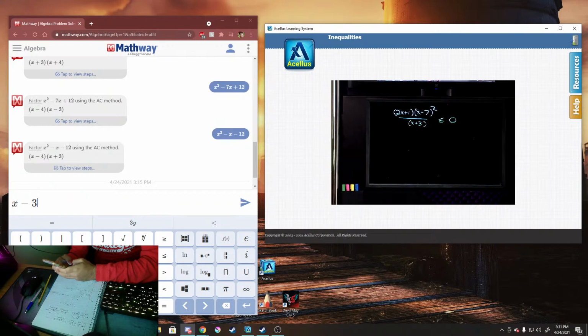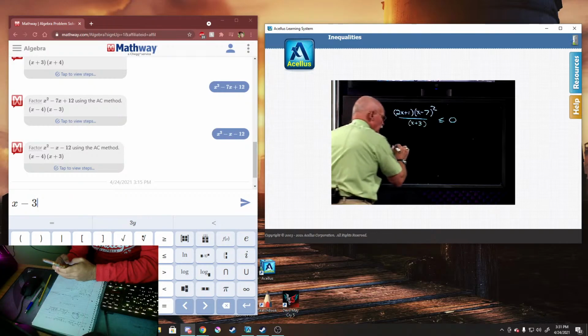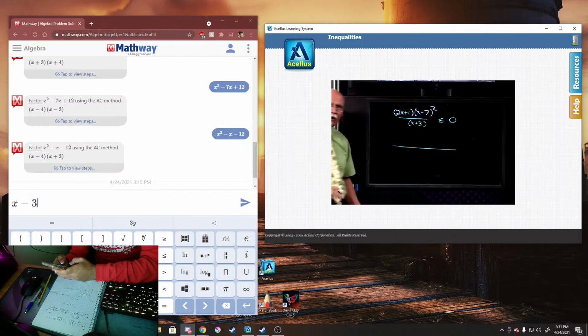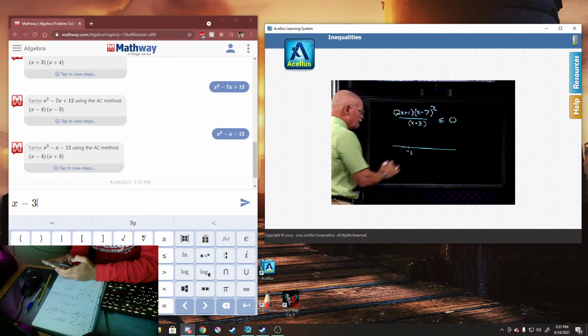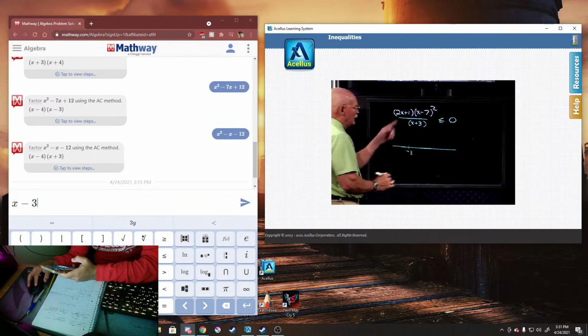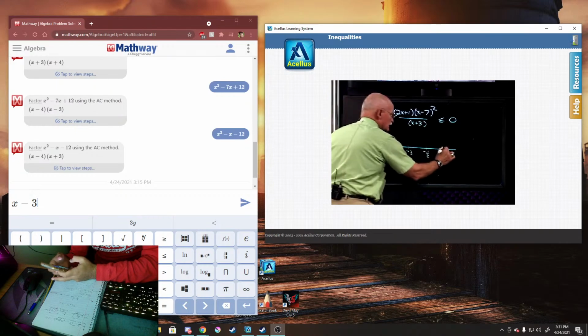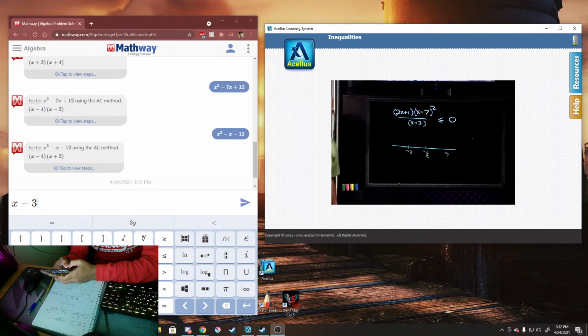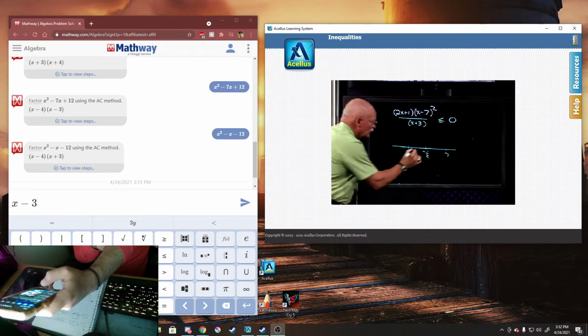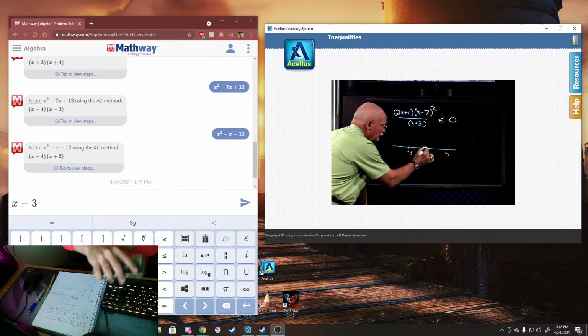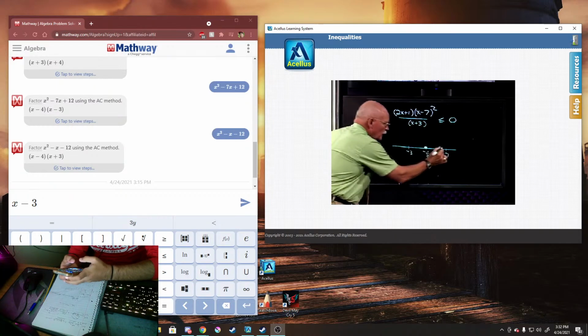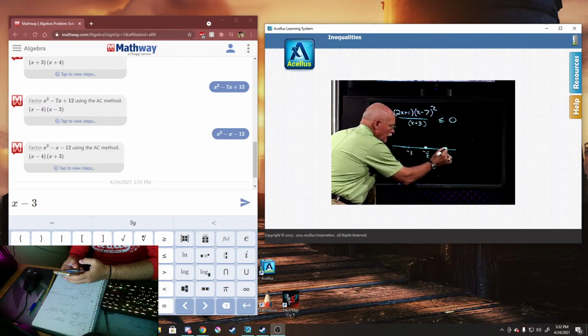Right? So here's the idea. I draw a number line, and I figure out all the places where all these factors are 0. This one's 0 at negative 3. This one's 0 at negative 1/2. And this one's 0 at 7. Okay? Now I do want it to be equal to 0, so I want to include negative 1/2, and I want to include positive 7 in my answers.